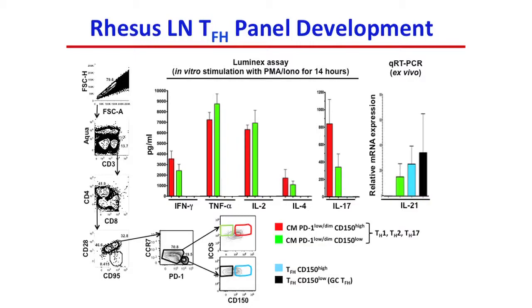If, however, we look at the cells in blue and black that we're assuming are T follicular helper cells, they make lower interferon, TNF, and IL-2. They actually, the cells in black, the CD150 low cells, actually make increased IL-4, which is one of the characteristics of a T follicular helper cell. And they don't make any of the Th17 cytokine IL-17.